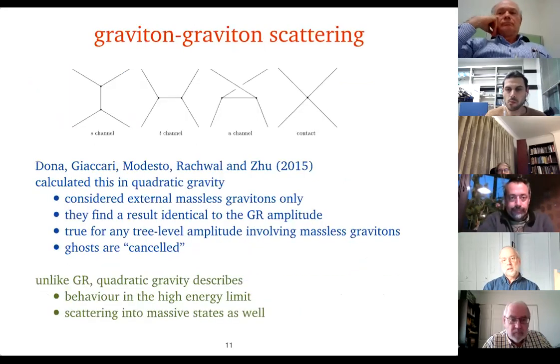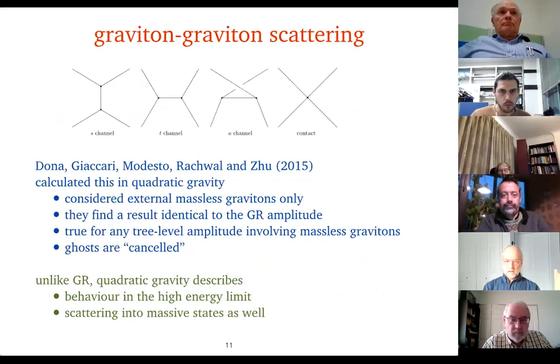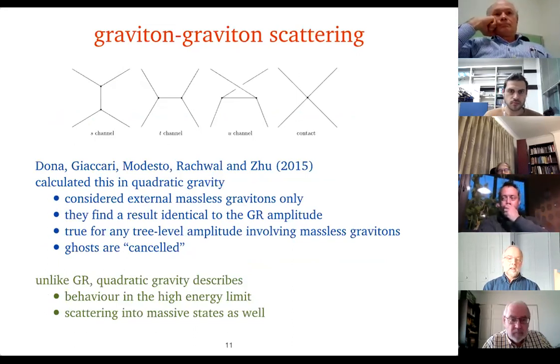So the first example is graviton scattering, which we heard about yesterday. It was calculated by these authors in quadratic gravity. They considered external massless gravitons only, so they had no worries about negative probabilities. And they found that the result was identical to the GR amplitude, which, as we also saw yesterday, is somewhat surprising.